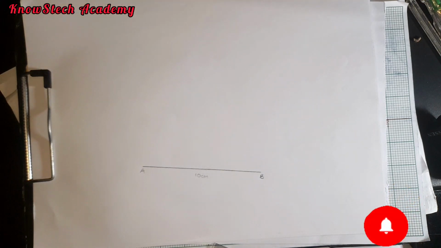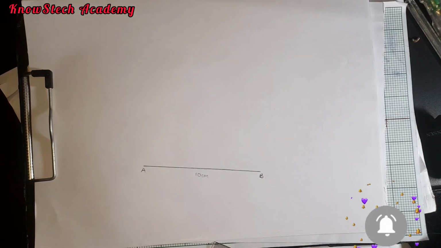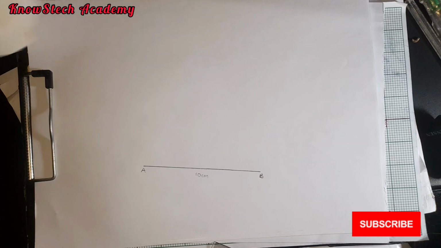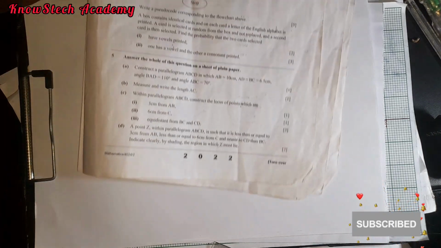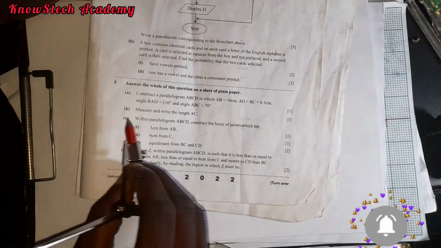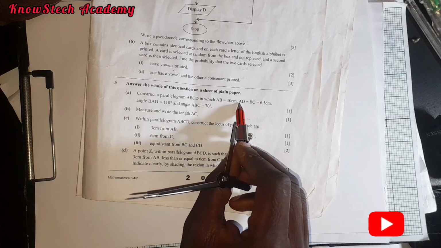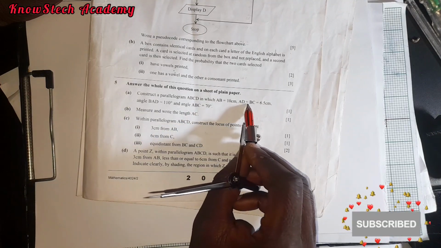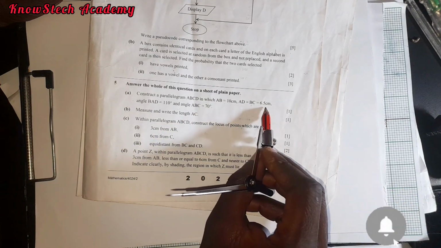Then another statement in the question is AD is equal to BC, which is equal to 6.5 centimeters.